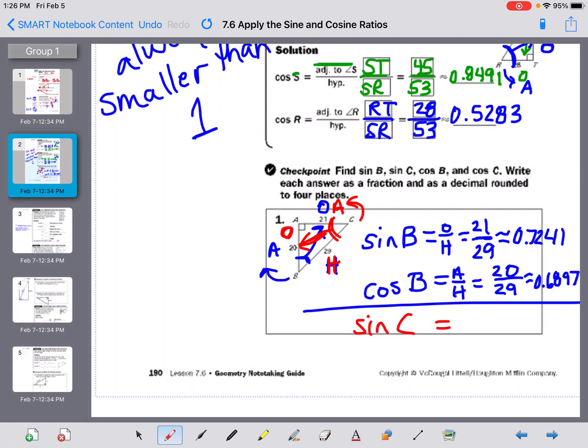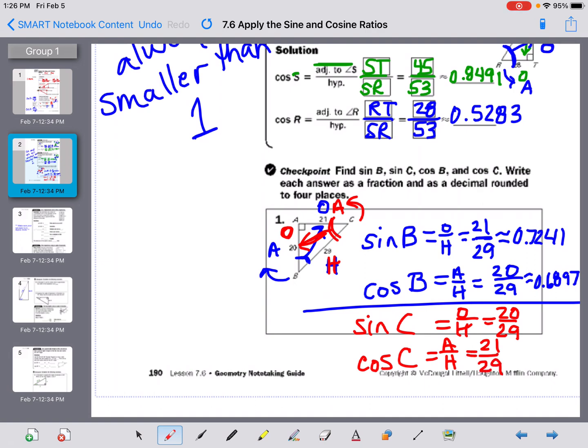Okay, so sine is opposite over hypotenuse. Opposite my C is 20. Hypotenuse is 29. All right, let's find the cosine of C. That's adjacent over hypotenuse. So my adjacent switched when I went to C. Its adjacent side is 21, and its hypotenuse is 29.